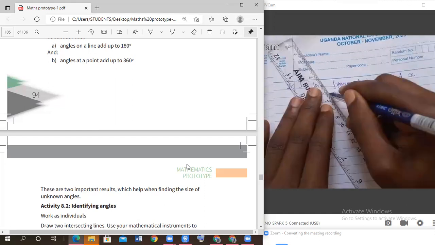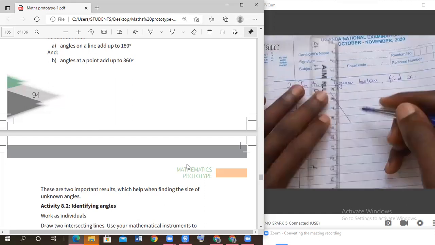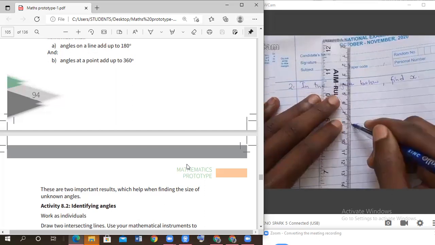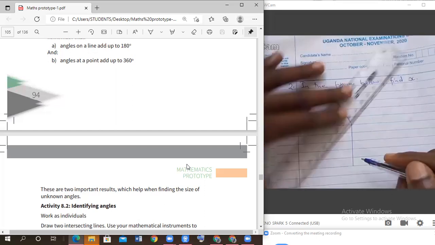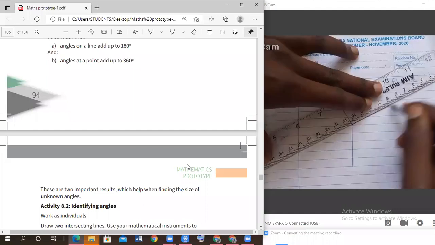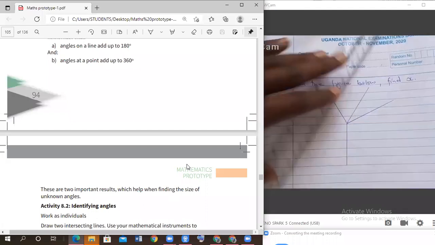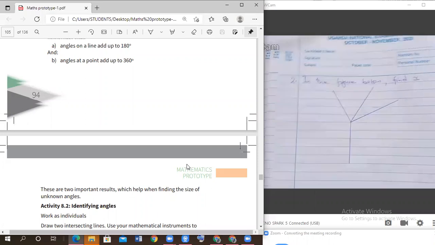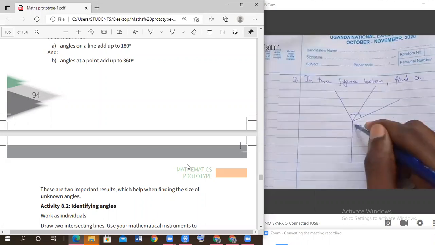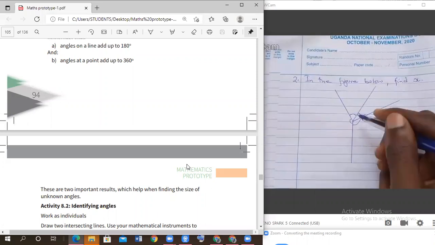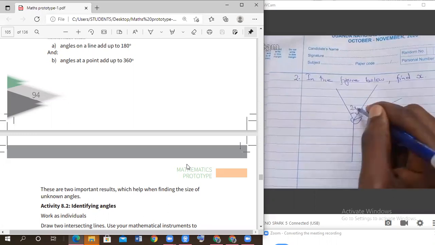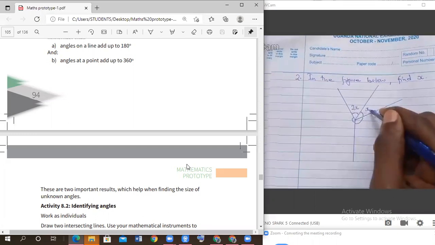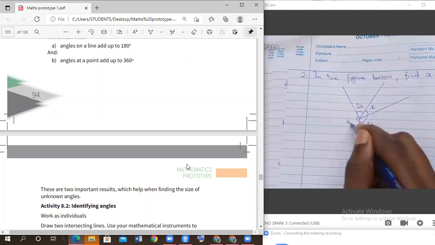So they've drawn something like this. This one is 2x. This one is x. This one is 3x. Then this one is 4x.